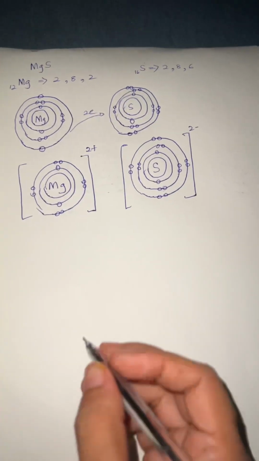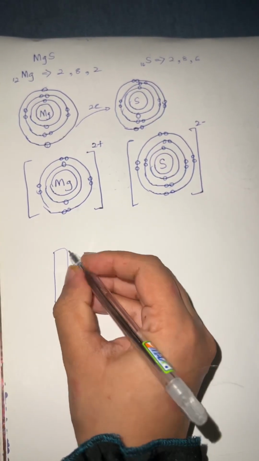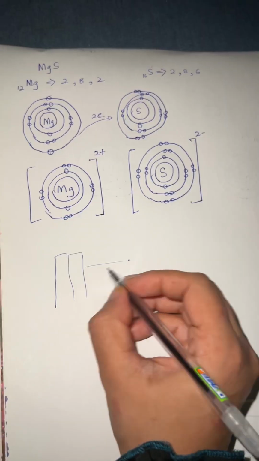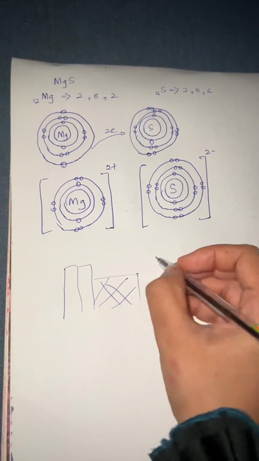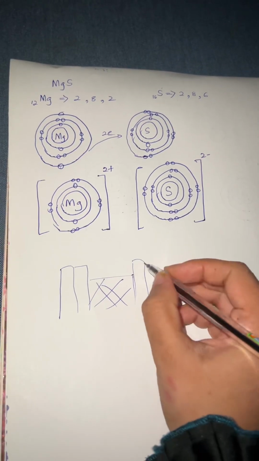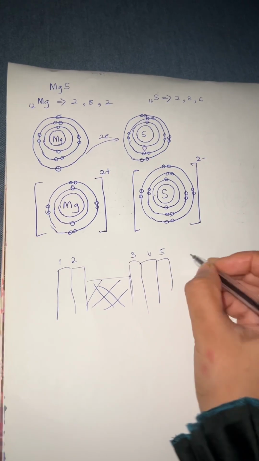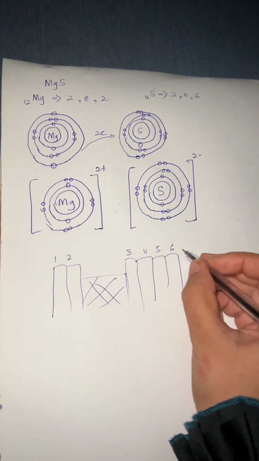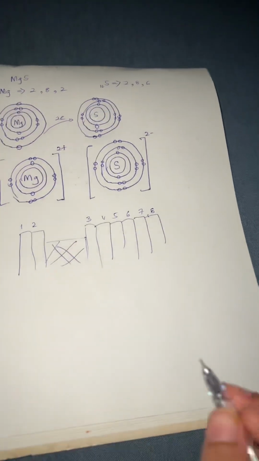Now I'm just going to talk about the periodic table too. In the periodic table we have groups, and we are not talking about the transition group, we just leave that. Without considering that, we make the groups up to 1, 2, 3, 4, 5, 6, 7, 8, right?